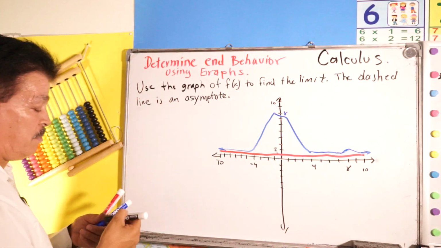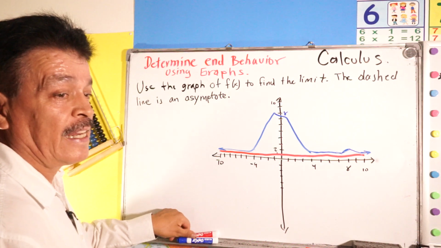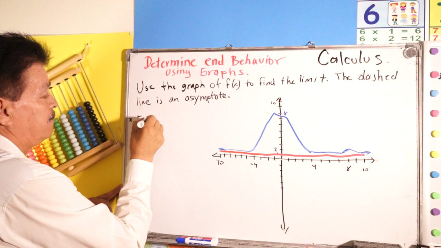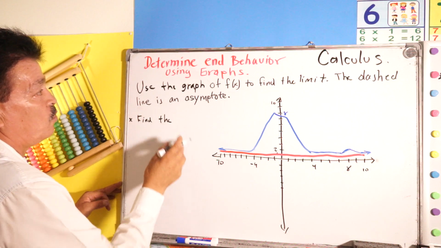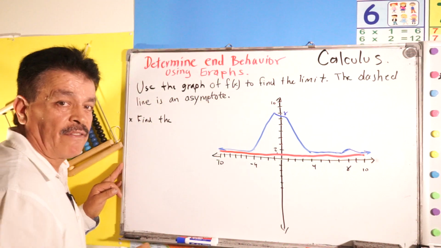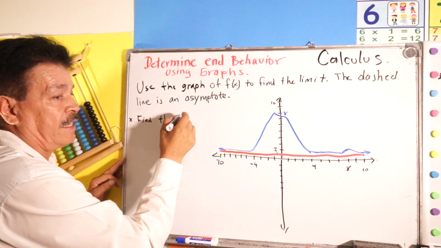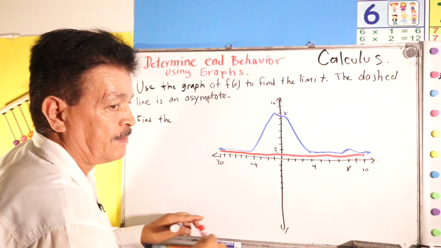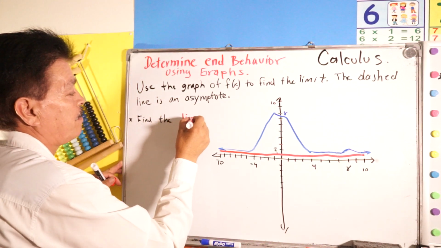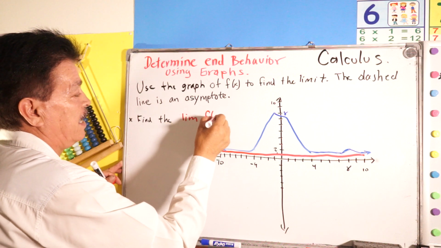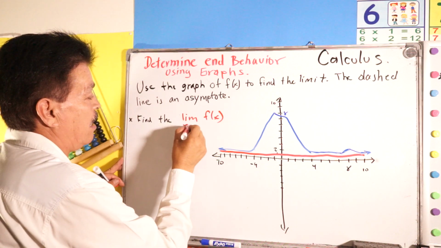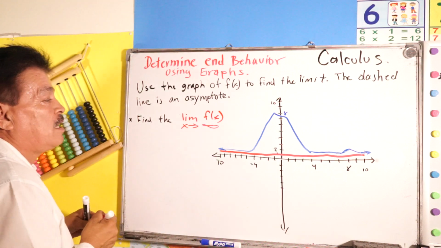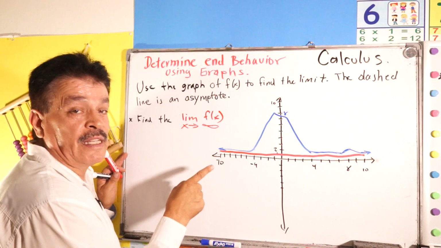So how do we solve this problem? Find the limit. Look at this. I'm going to show you how to determine the end behavior using the graph. Find the limit of f(x) as x approaches positive infinity. Look, what happens to the graph?